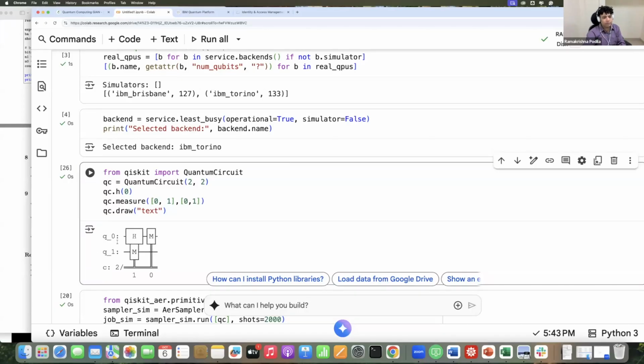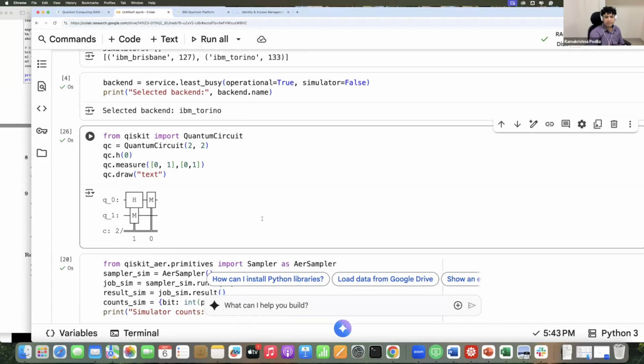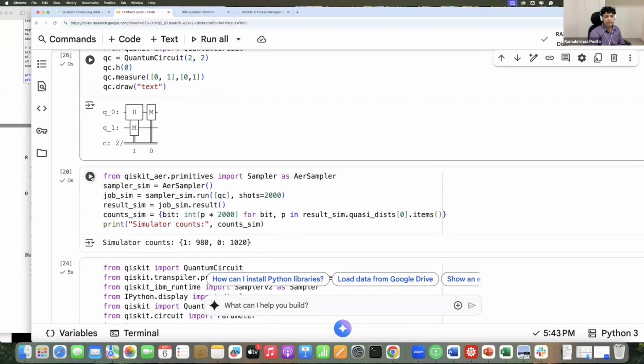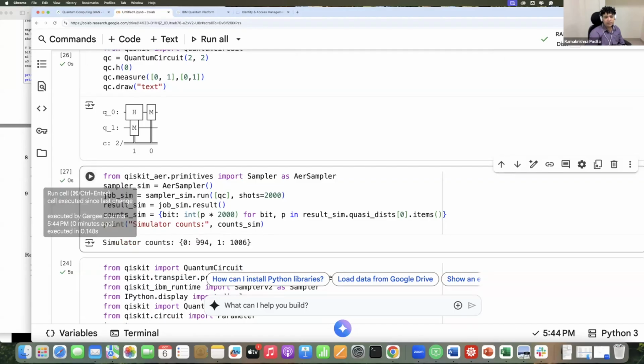Yes. So applying Hadamard gate and measuring the first qubit and just measuring the second qubit. Is everyone able to see that? So you can run now with the simulator. I hope this works. Yeah. So then you get whatever 0 and 1. So that's how you create a 2-qubit state.